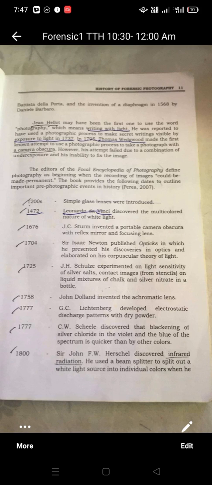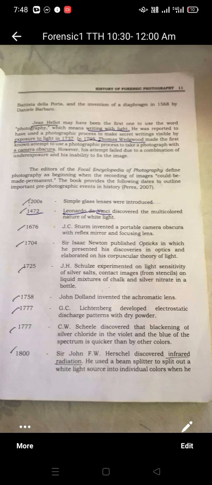In 1704, Sir Isaac Newton published Optics and elaborated on his corpuscular theory of light. In 1725, G.H. Schultz experimented with the light sensitivity of silver salts, contact images, and silver nitrate in a bottle. In 1758, John Dollond invented the achromatic lens.